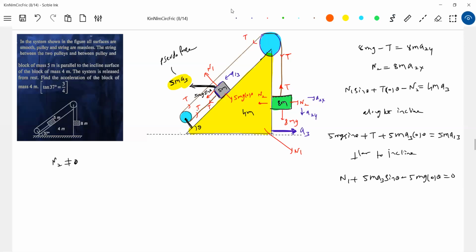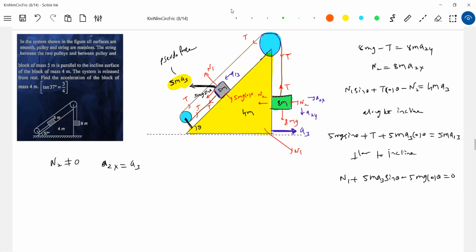Acceleration along the common normal: if two bodies are in contact, acceleration along the common normal must be equal. The acceleration of the wedge is A3, the acceleration of the block is A2x. So therefore A2x equals A3. The only reason is that they're in contact. The block 8M and the wedge are in contact, and they have this as their normal direction. So acceleration along the common normal should be equal. This is the idea.